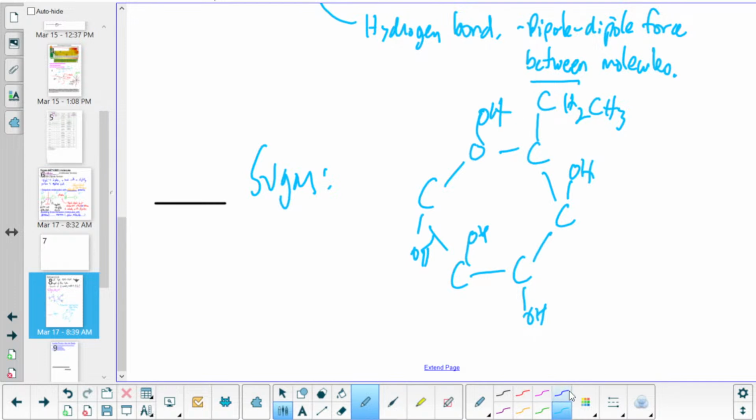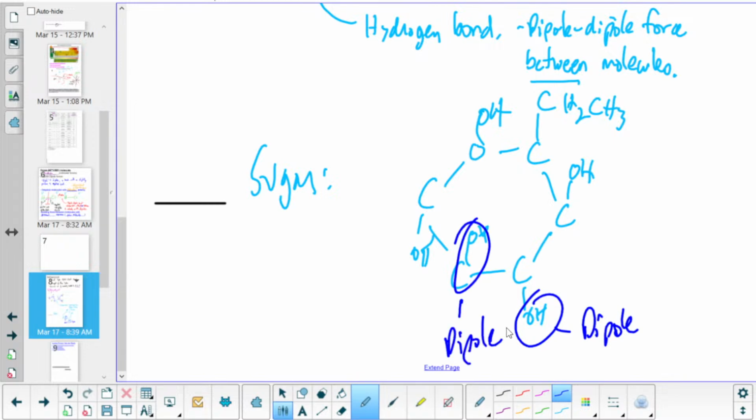And so all of these are potentials. All of those have a dipole. It's asymmetrical. So there's a ton of opportunities for it to bond with something else with dipoles. So this is why sugar can dissolve in water.